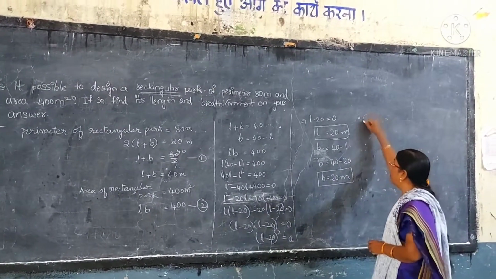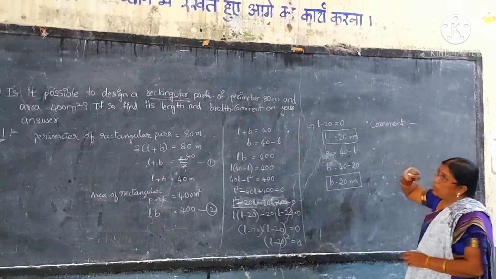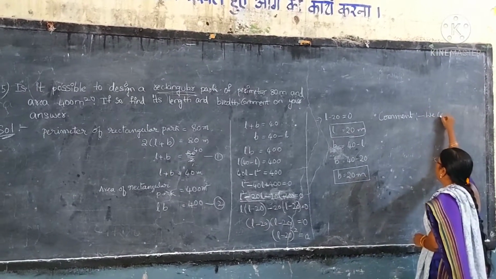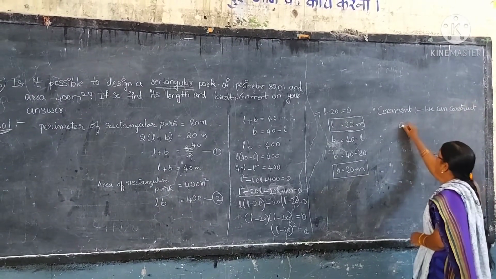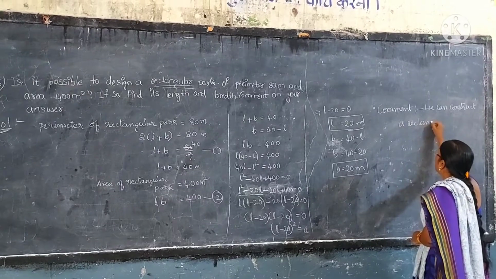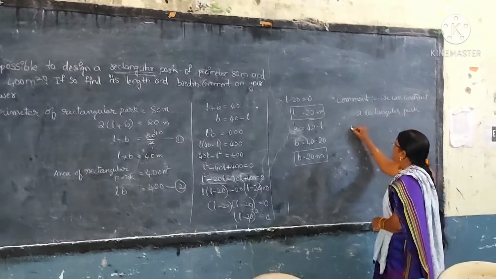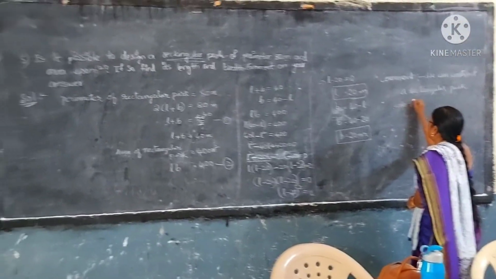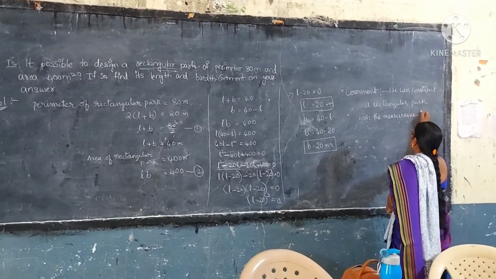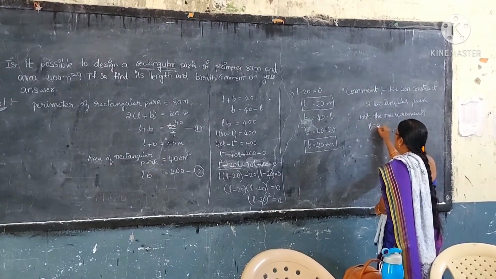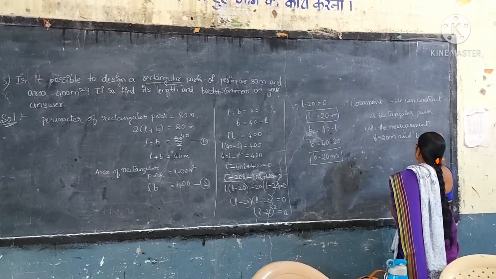So I have to write the comment. We can construct a rectangular park with the measurements L is equal to 20 meters and B is equal to 20 meters.